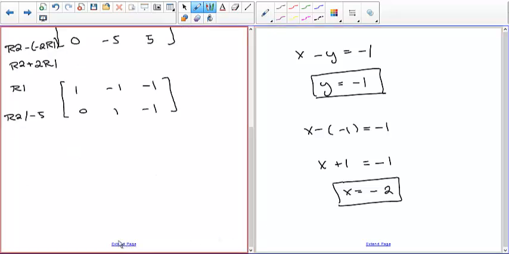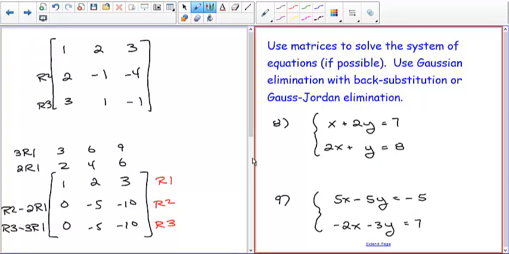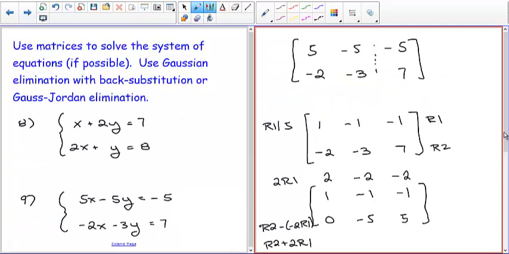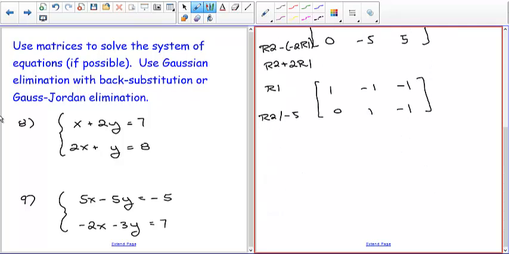Now to do it using Gauss-Jordan elimination, I take the last thing and I want to make this go to 0. So you can see I can leave row 2 the same, and what I'm going to do is take row 1 and add row 2 to it, because I know if I take this plus that I get 0.